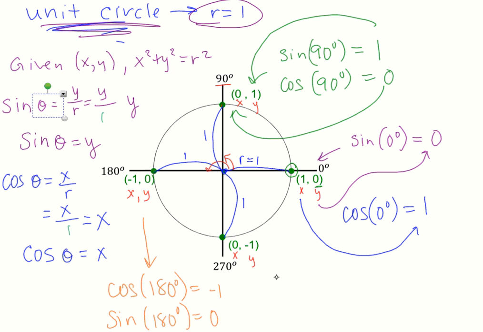Okay, over here at 270, the sine of 270, that's the y value, so negative 1. And then the cosine of 270 is going to be the x value, which is 0. So all you have to remember is the ones and zeros and where they're placed, but based on the unit circle, it's just ones and zeros depending on what axis they're at and which side they're at.